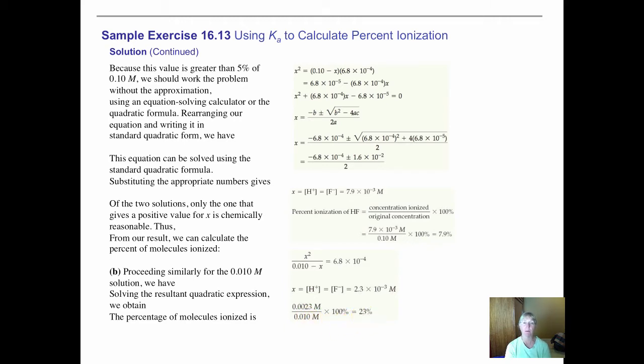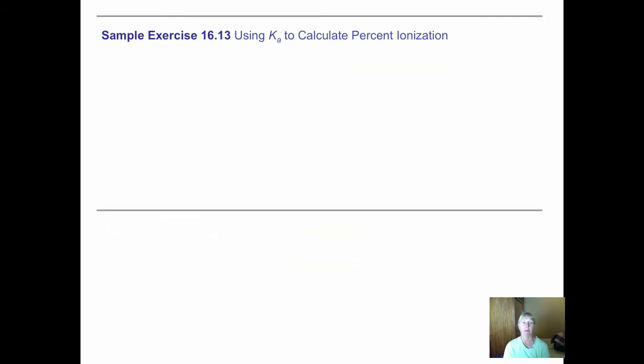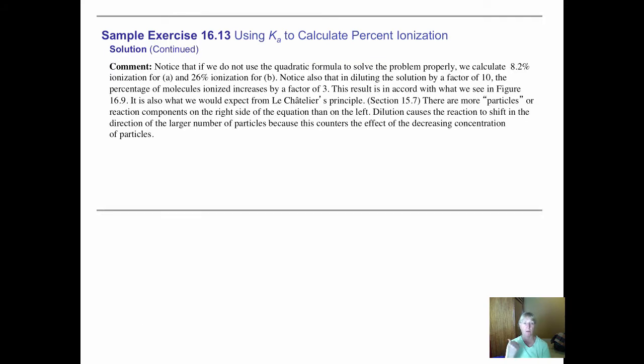And I think what's important about this problem is not necessarily that you know how to do the quadratic equation, but that you recognize that making the concentration more dilute for a weak acid drove the equilibrium of that original expression to the right. You got more things to ionize.